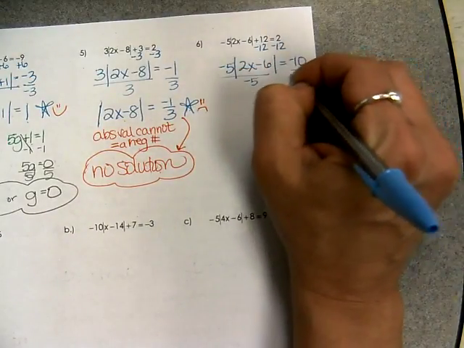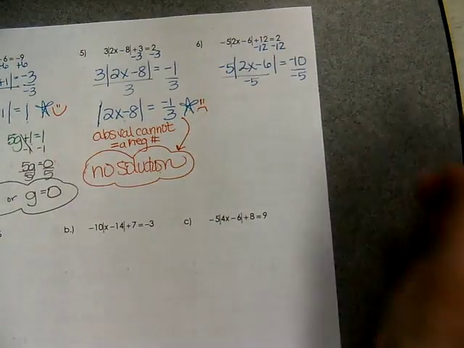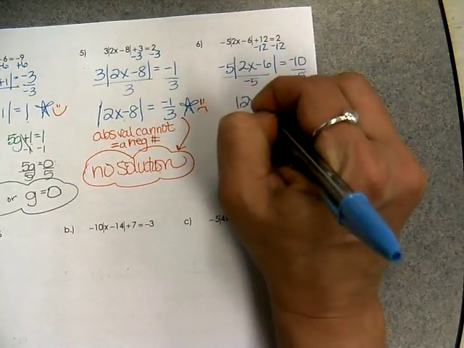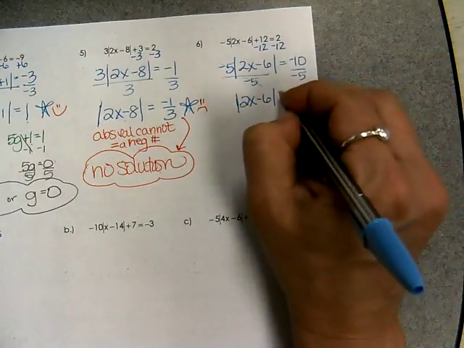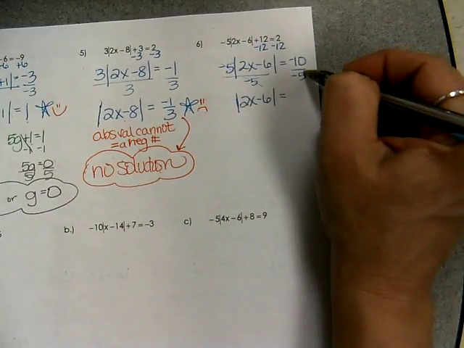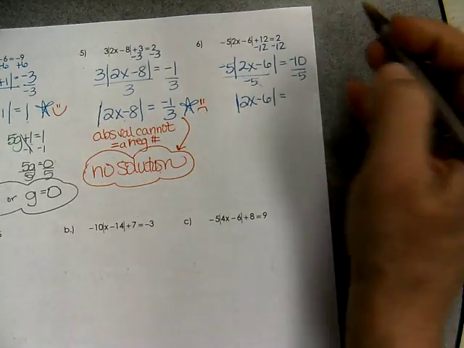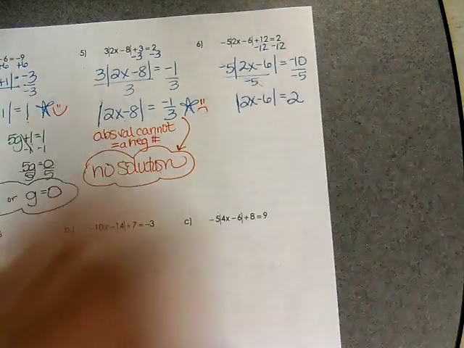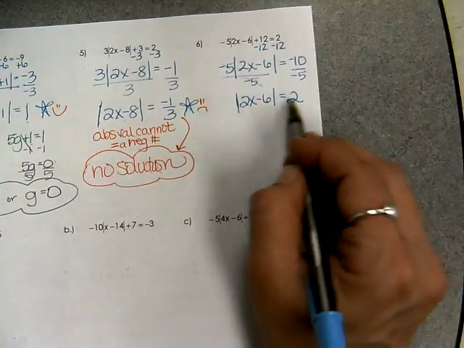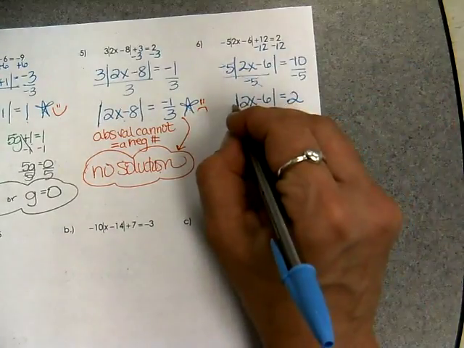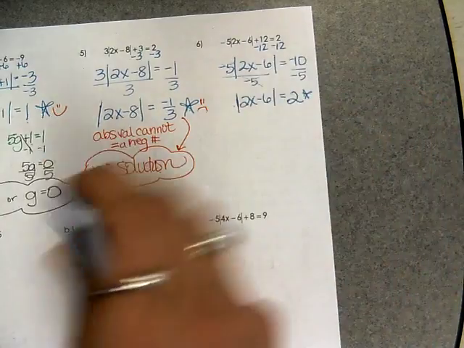So I'll divide by -5, and I have the absolute value of 2x minus 6, because these cancel. And then that equals -10 over -5. That equals +2. And now step 1 is complete, since I've isolated the absolute value.